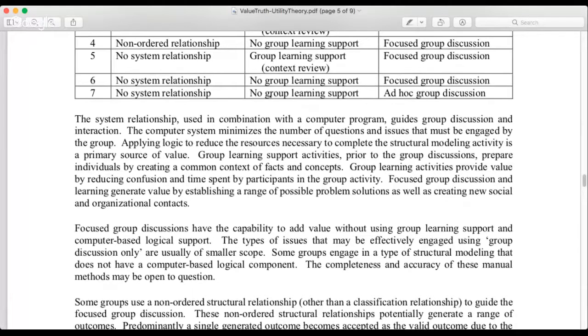So these are things that could be part of the learning support and conceptual support that are very cost effective, and that would be going on all the time.